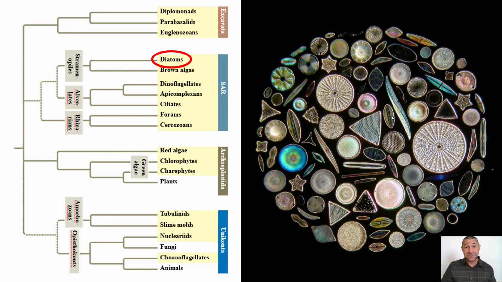So the diatoms are beautiful. They're often referred to as the jewels of the sea, if you will, because they have these cell walls made of silica. And you can see these beautiful snowflake-like patterns. The shells of dead diatoms can reach as much as a half-mile deep on the ocean floor. That's how many of these things there are.